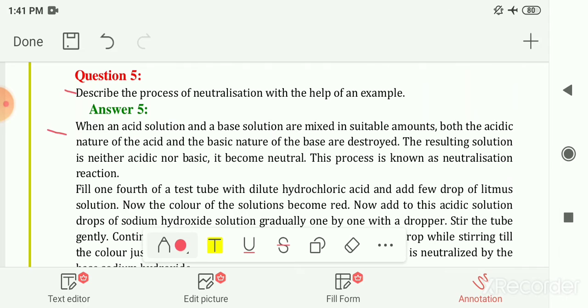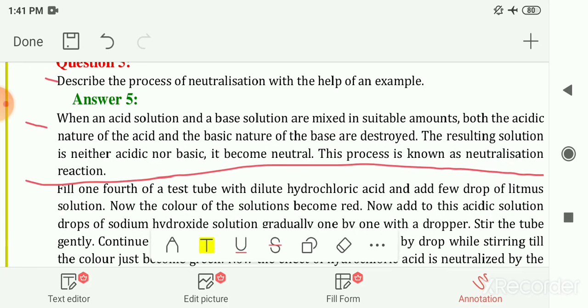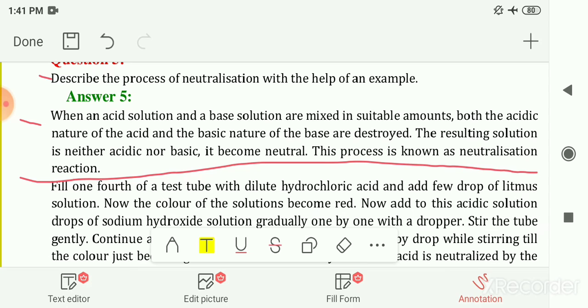When an acid solution and a base solution are mixed in suitable amounts, both the acidic nature of the acid and the basic nature of the base are destroyed. The resulting solution is neither acidic nor basic. It becomes neutral.